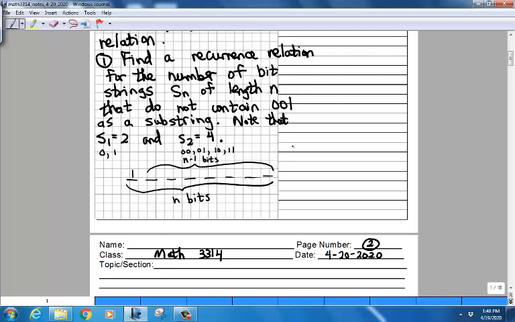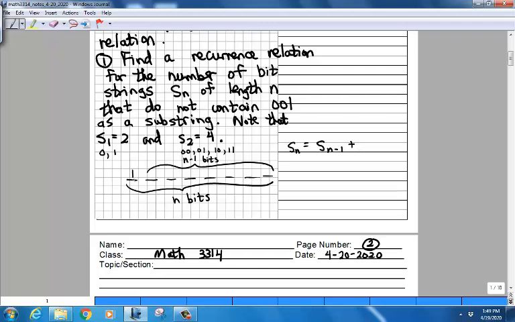So we already know that S sub n, the bit strings of length n that don't contain 0, 0, 1, includes at least the bit strings of length n minus 1 that don't contain 0, 0, 1. Because if you have a bit string of length n minus 1 that doesn't contain 0, 0, 1, you can fill that into these slots and then put a 1 at the beginning, and you would have a bit string of length n that doesn't contain 0, 0, 1. So we know S sub n has at least S sub n minus 1 many bit strings in it, correct? But it may have more.